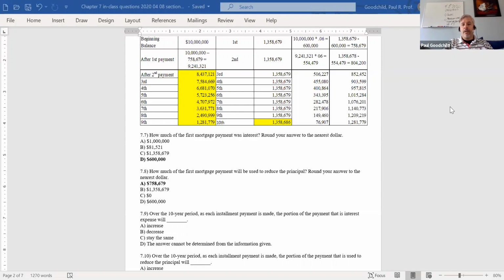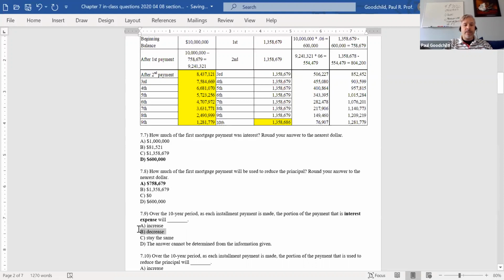Okay. All right, most of you got it, but a few people got it incorrect. So we're looking for our interest expense. And so that is the second to last column. And what's happening here, you'll see it goes from 600,000 to 554 to 506, all the way down to 76,000 in the final year.